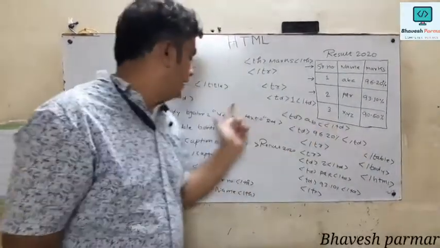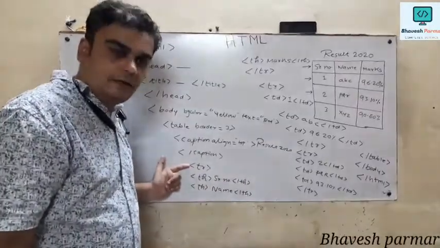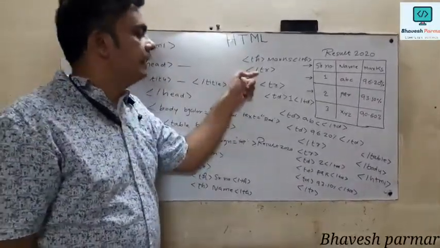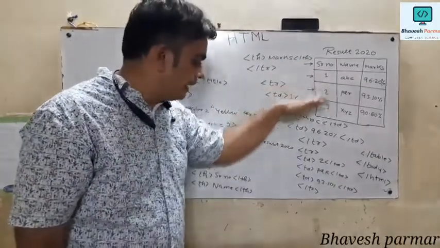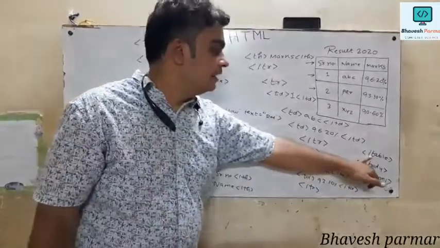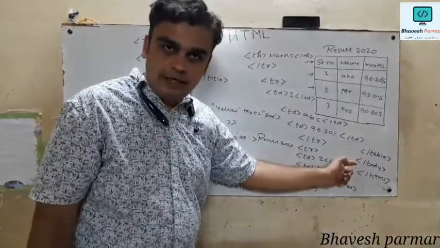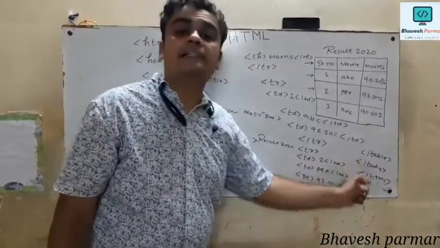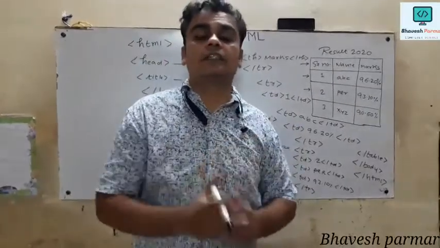Got it? And thereafter we fill the information using the tr tag, th tag, /tr tag, and data is represented by the td tag. In this way I fill the information of the whole table. Finally you close the table by using the /table tag, /body tag, and at the end the /html tag. So I hope you got this concept.